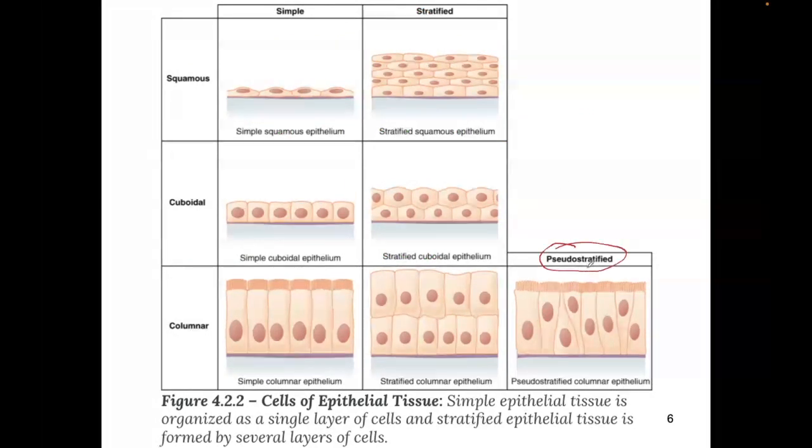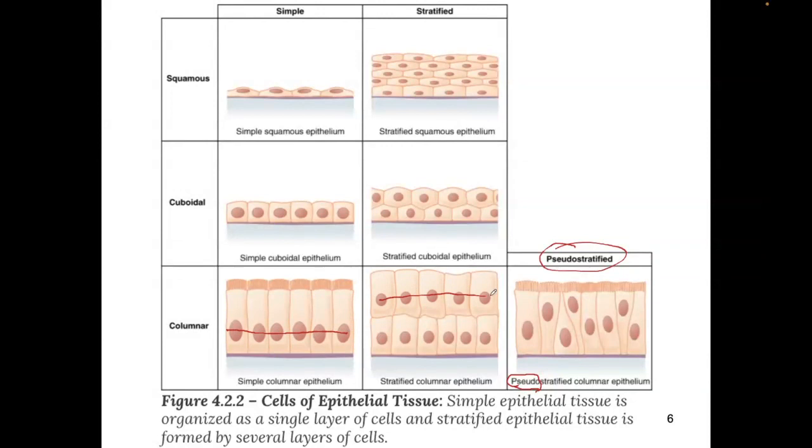So there was one other type of cell that I wanted to show you, and it's called pseudo stratified. Now, if you look at the term, pseudo means false. So pseudo-stratified columnar. Well, these are definitely columnar cells, right? They're definitely columns, so they're columnar. But look at the level of the nuclei.